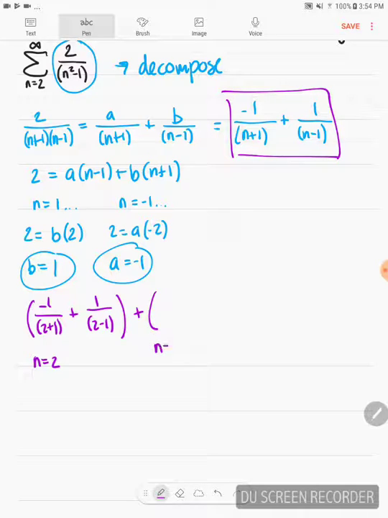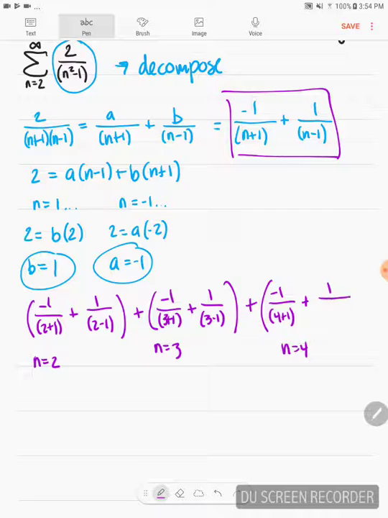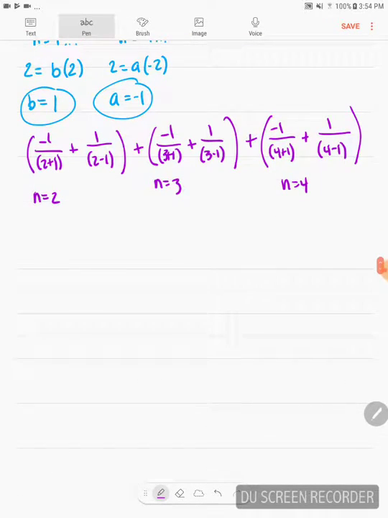And for n equals 3, I'm going to have negative 1 over 3 plus 1 plus 1 over 3 minus 1. At n equals 4, I'm going to have negative 1 over 4 plus 1 plus 1 over 4 minus 1, and so on and so forth.